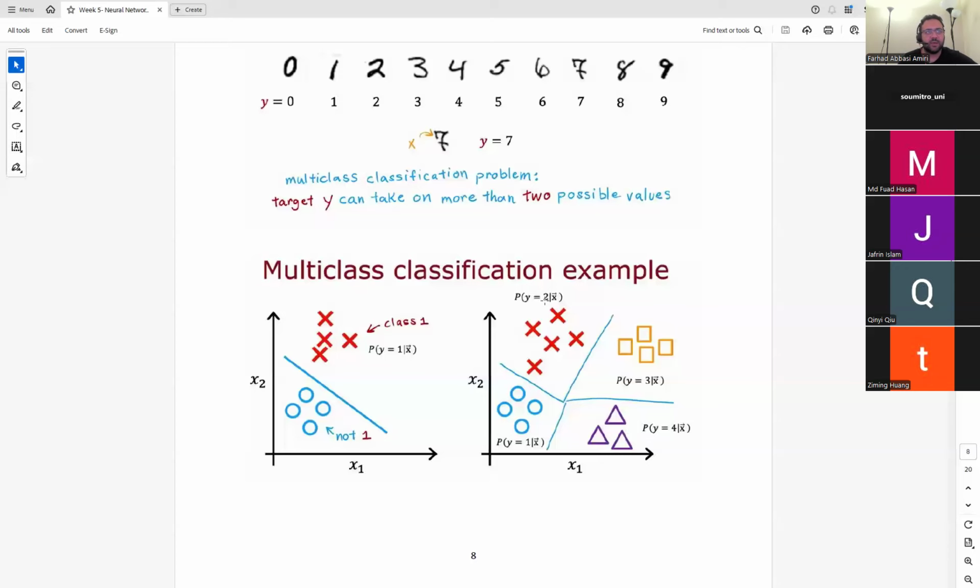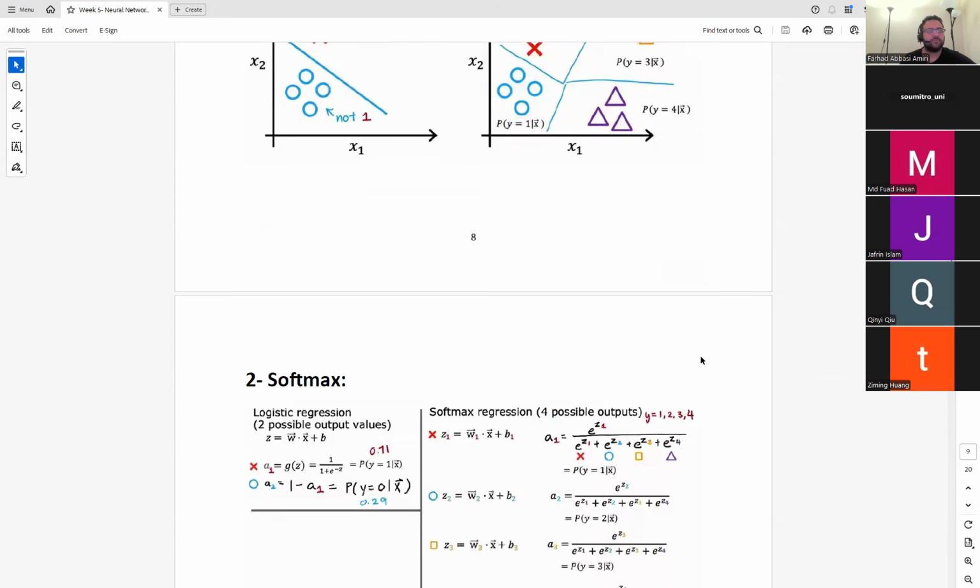As you can see here, we have four possible values for y, 1, 2, 3, and 4, right? So that's what we call multi-class classification because we have more than two possible values.